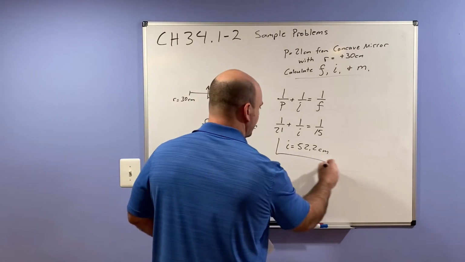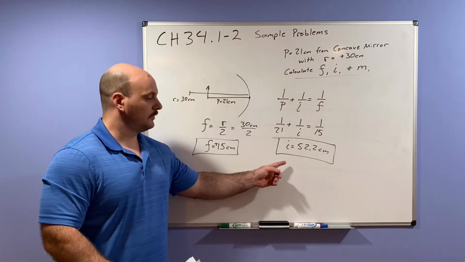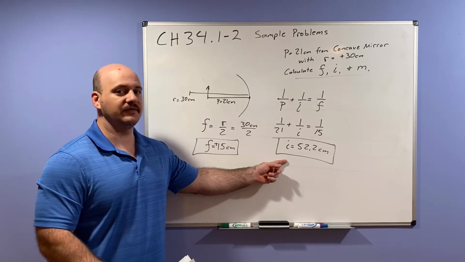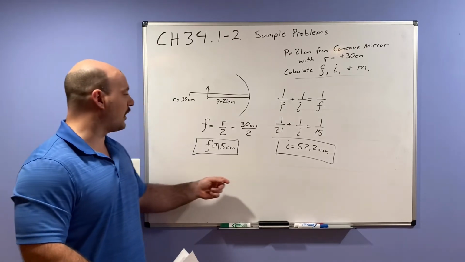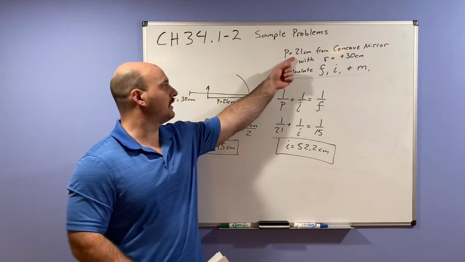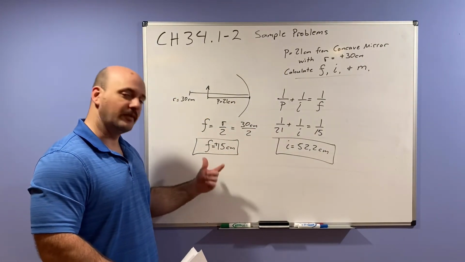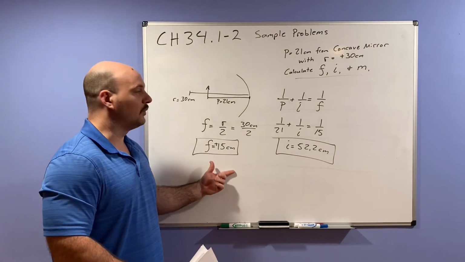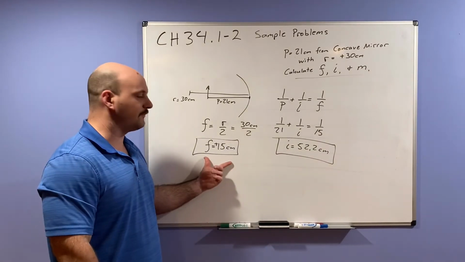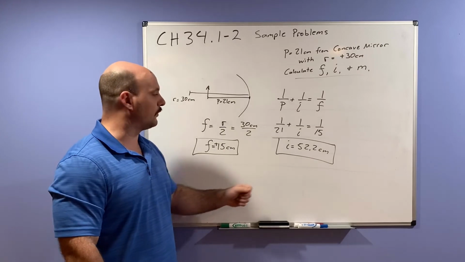Positive, a positive value. Remember, we should expect to get a positive image distance since our object distance is greater than the focal length. From that table that we talked about in the lesson, when the object is outside of the focal length, a concave mirror will form a real image.